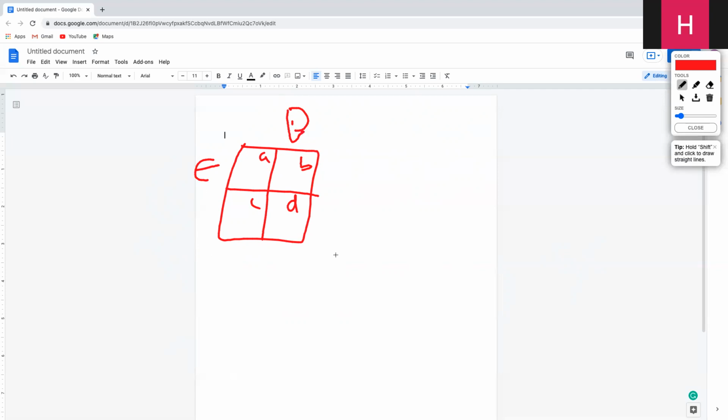And if you don't have the disease, what are your odds of being exposed? So you will focus here first. If you do have the disease, which is A, what are your odds of being exposed? It will be A divided by C, right? If you don't have the disease, it will be B divided by D.